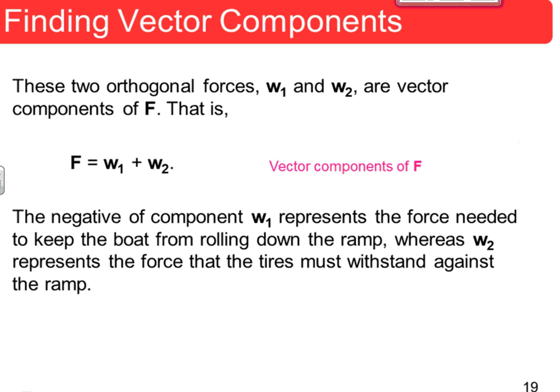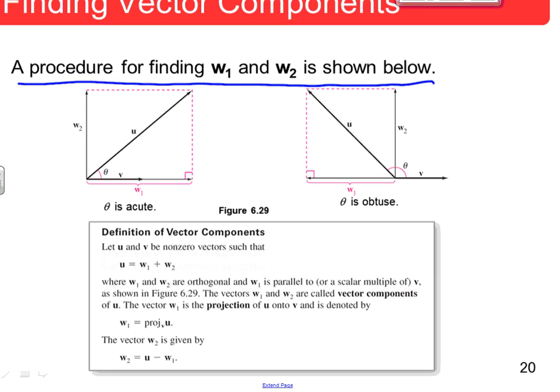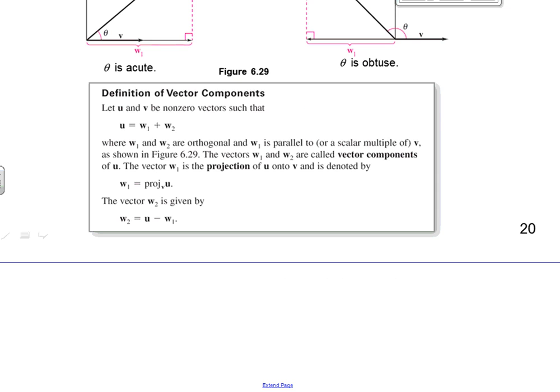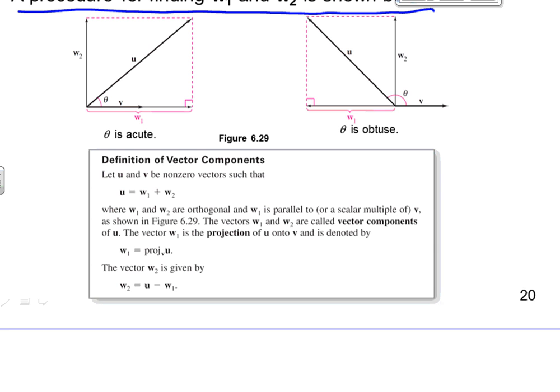So here it is. This is the procedure for finding W1 and W2. This is when theta is acute. It might look like this, and that's the easier to visualize picture. And if theta is obtuse, it looks a little bit different in our orientation. It's like having a triangle and thinking of that altitude that could be inside or outside of the triangle.